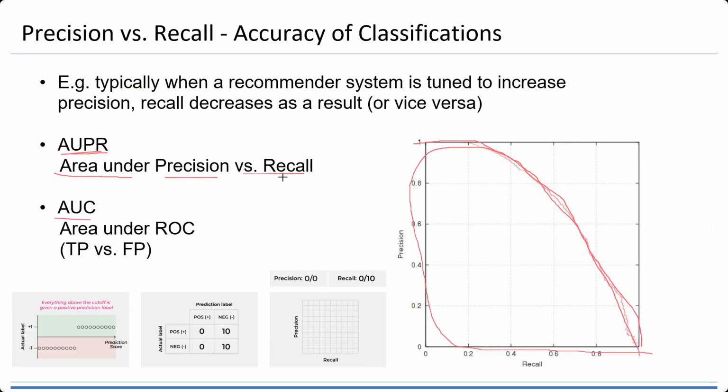And there is also another chart, which we call the area under the ROC. This is based on the operating curve. We want to check the difference between the true positive and the false positive.